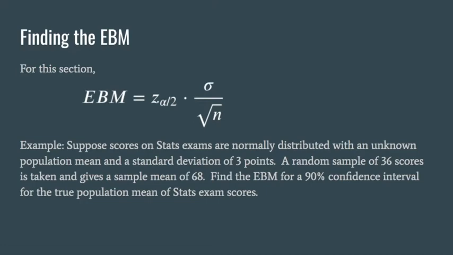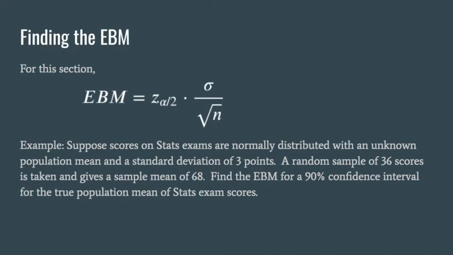What we need is the critical value, that z alpha over 2. So remember that if we have a 90% confidence level, then we have an alpha of 10% or 0.1. And if we split that alpha into the two tails of the normal curve, that would give us 0.05 on each side.